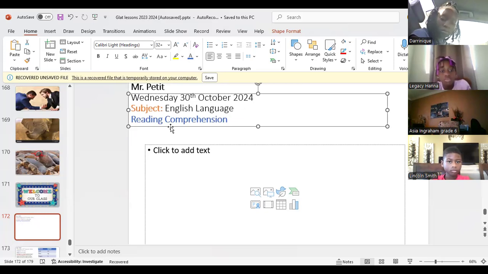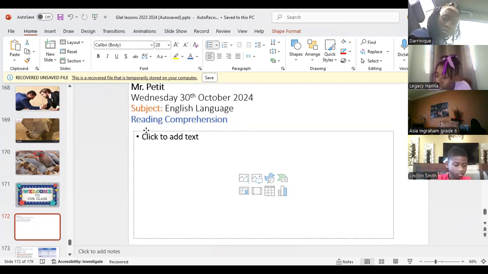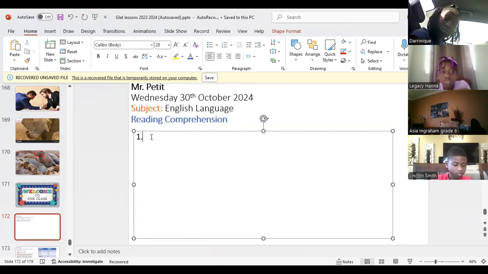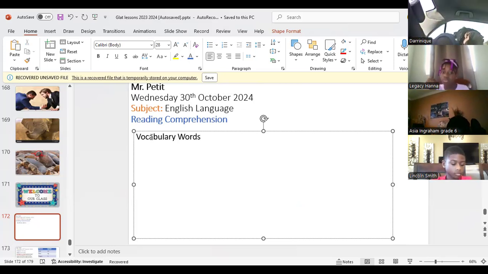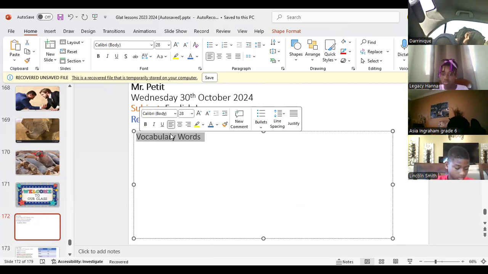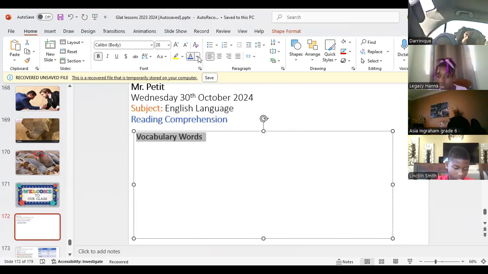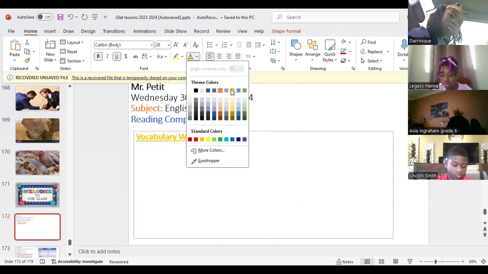The vocabulary words are going to be used in the passage that we're going to be looking at. So we have to understand what the words mean before we actually read them.